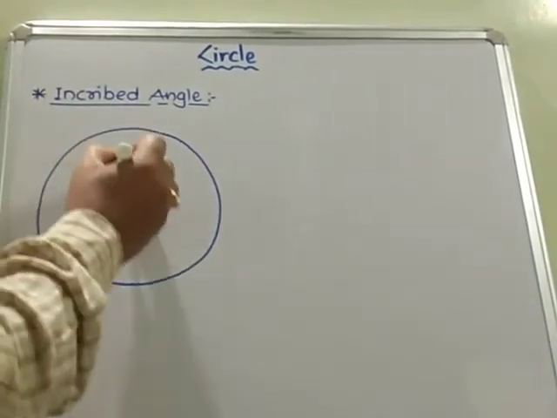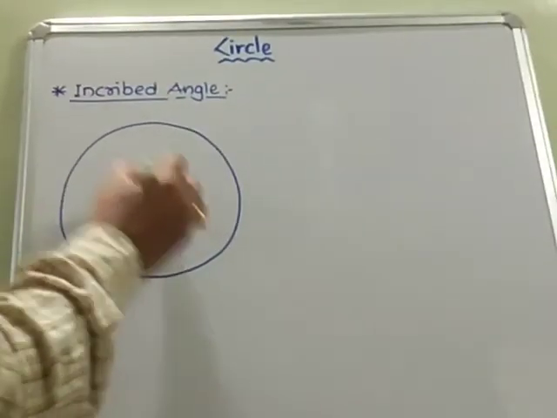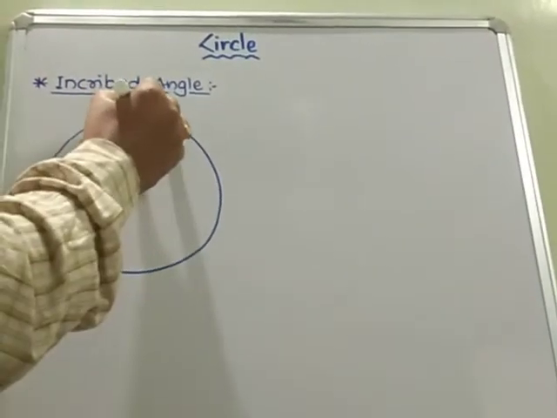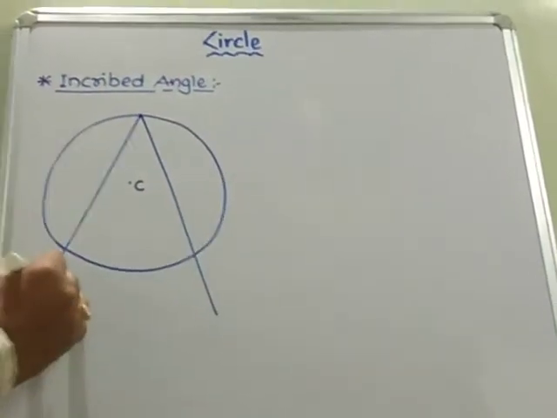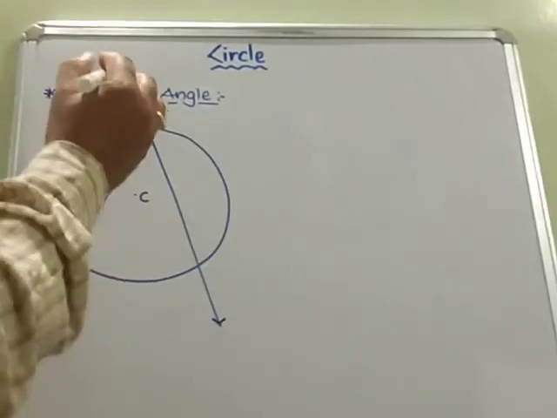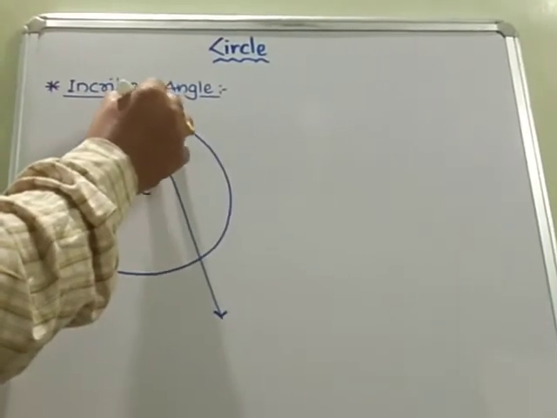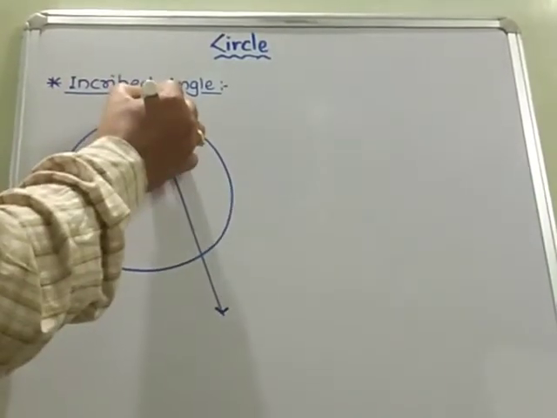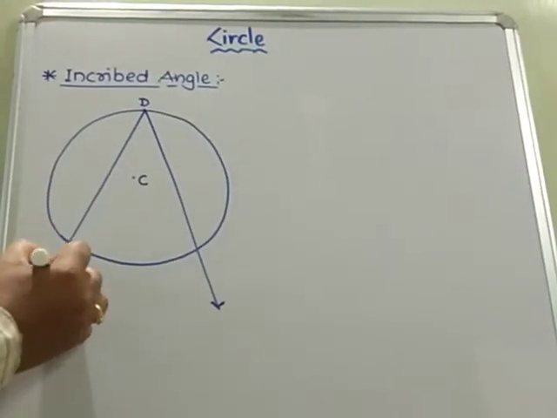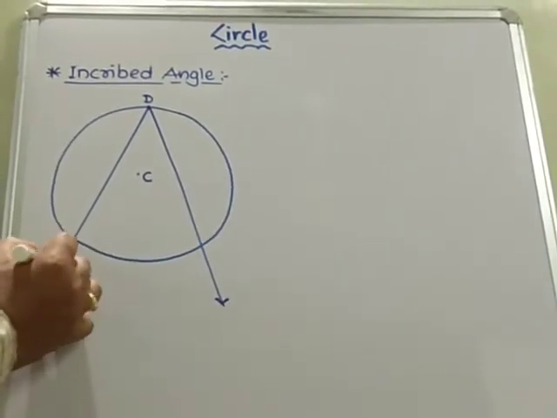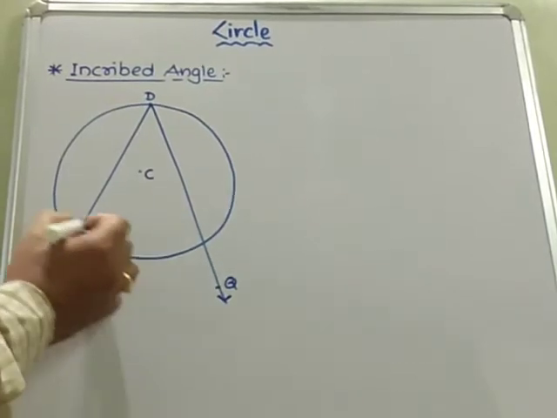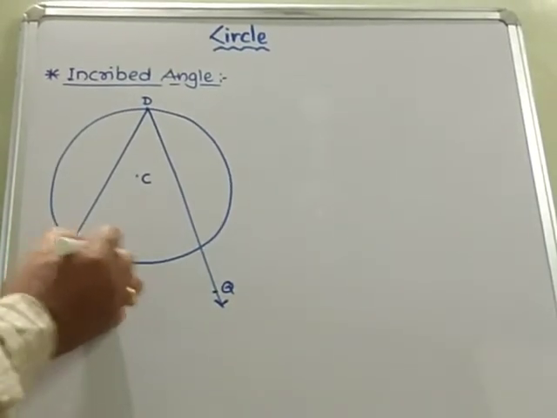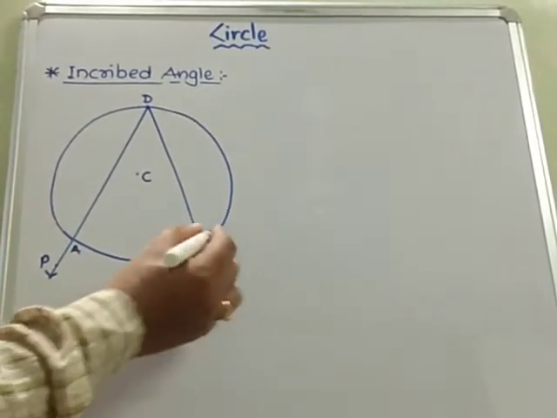This is a circle having center C, with two arms. Here is D. This is P and this is Q, and here is A, here is B.